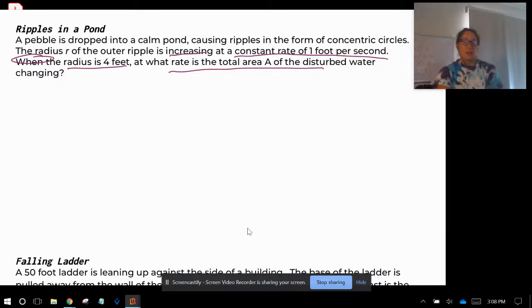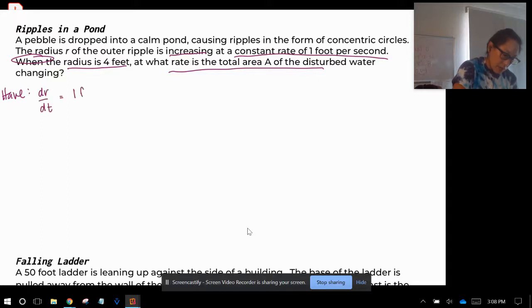At what rate? Rate. So I'm looking for a rate of area. Okay, so I know I have the change in radius, dr/dt, is equal to 1 foot per second.